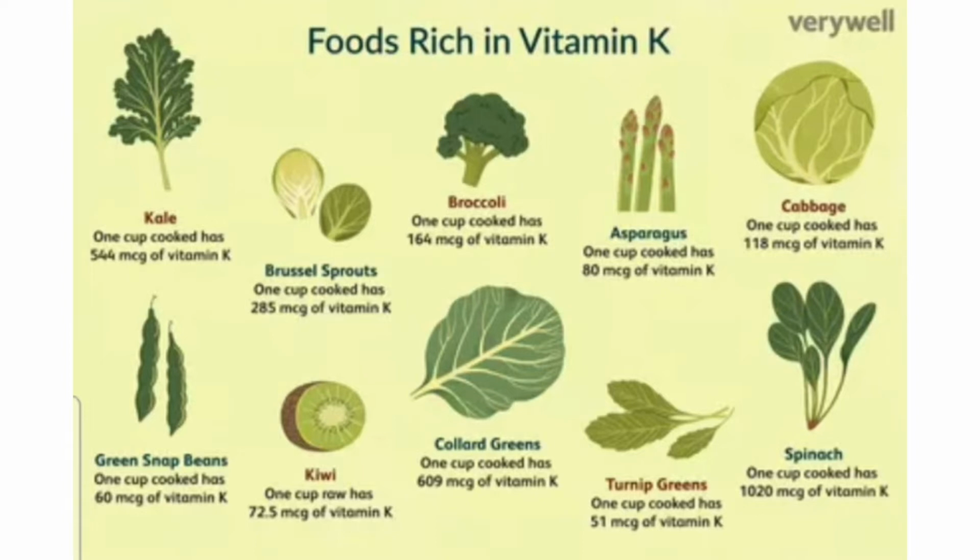Here you can see the sources of vitamin K. There are plenty of sources in the picture: kale, Brussels sprouts, broccoli, asparagus, cabbage, spinach, turnip greens, collard greens, kiwi, green snap beans, etc. Most of the sources are vegetative, and a little bit of animal sources are also there.